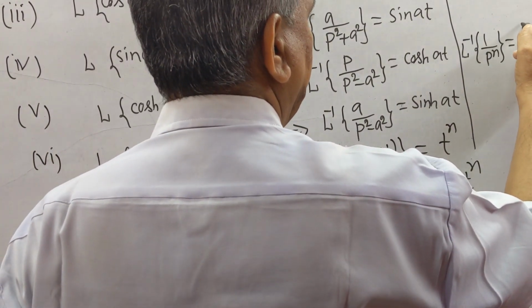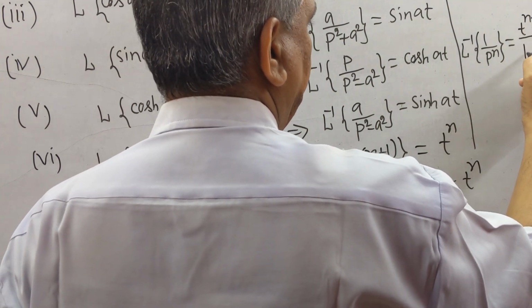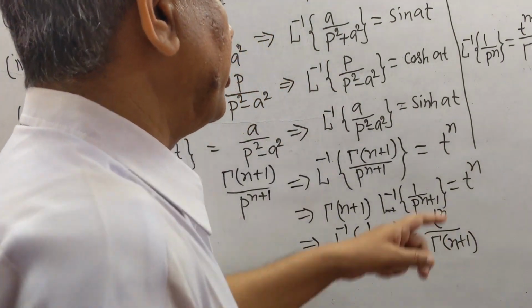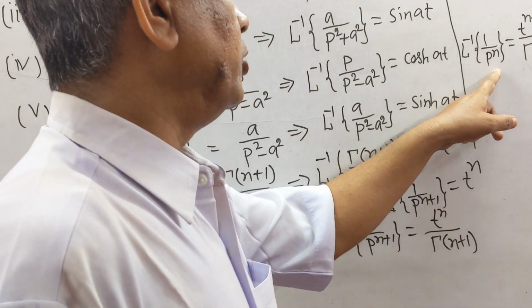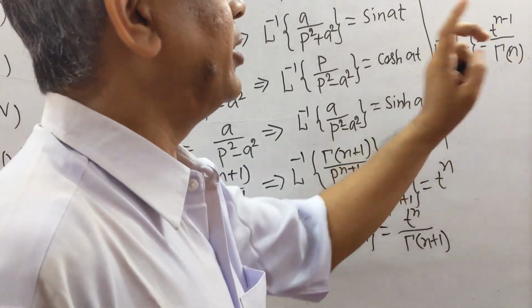So t to the power (n minus 1) by gamma n. This is the formula for L inverse 1 by p to the power n equal to t to the power (n minus 1) by gamma n.